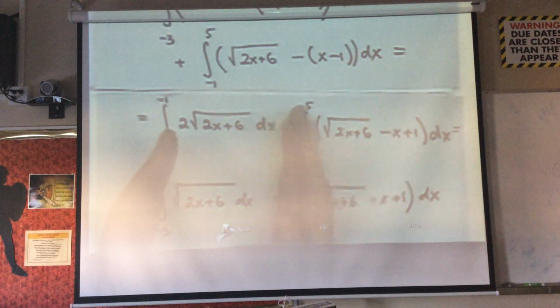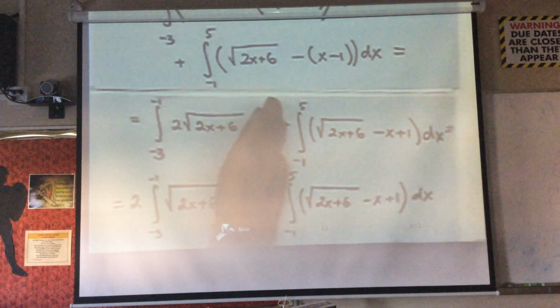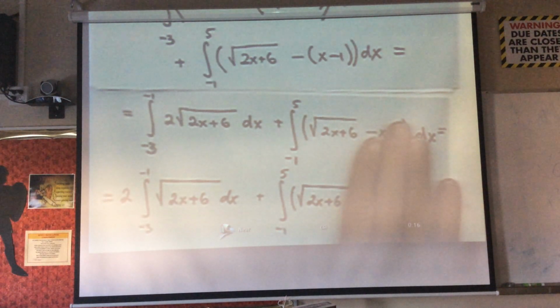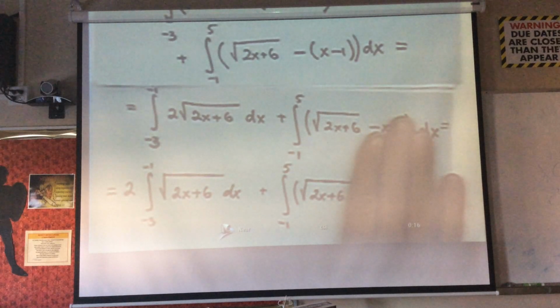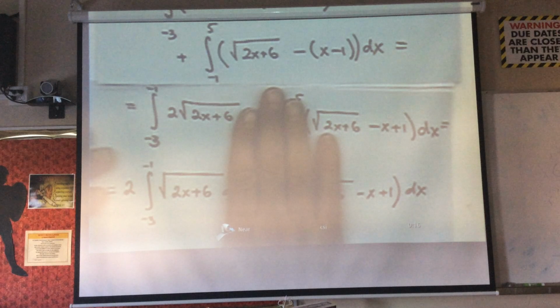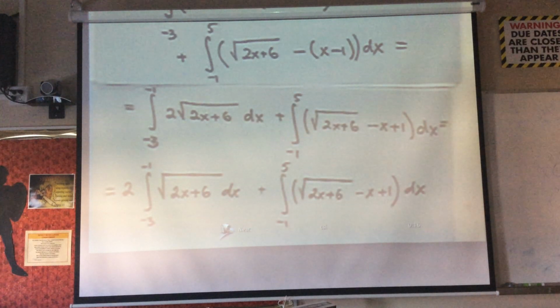Find this integral. Moving to this one, well, probably we have to split this into two integrals. One is just, again, the square root, so still going through the substitution. And then we have just the integral of this piece, which is very easy to find, right? Just going through antiderivatives.